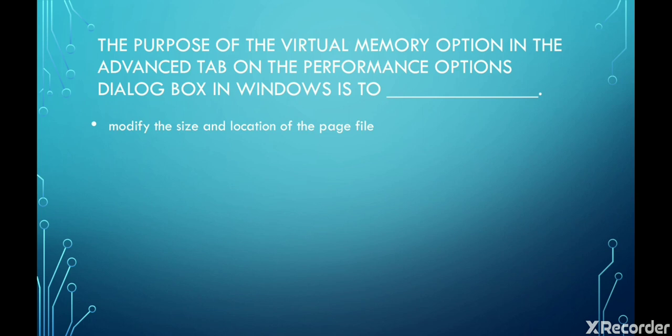The purpose of the Virtual Memory option in the Advanced tab on the Performance Options dialog box in Windows is to modify the size and location of the page file.